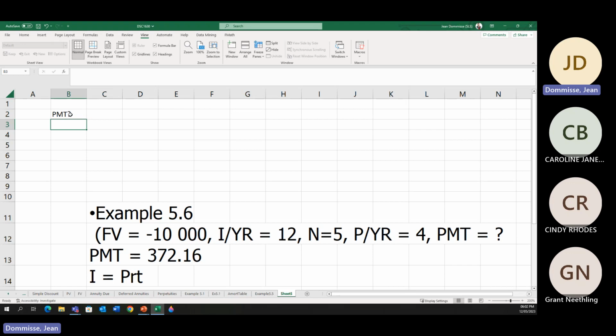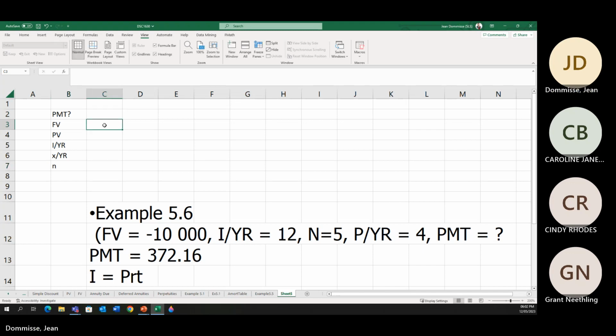For a PMT, the things that will be needed in that formula are future value, present value, the interest per year, the periods per year, the interest rate, and then N, which is your term.